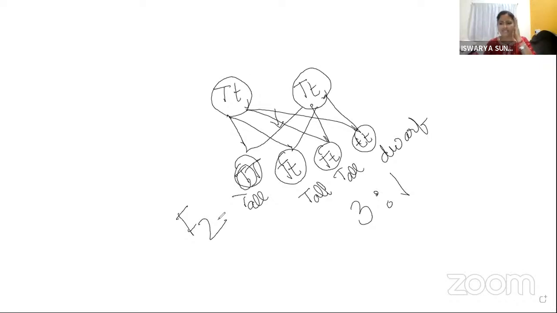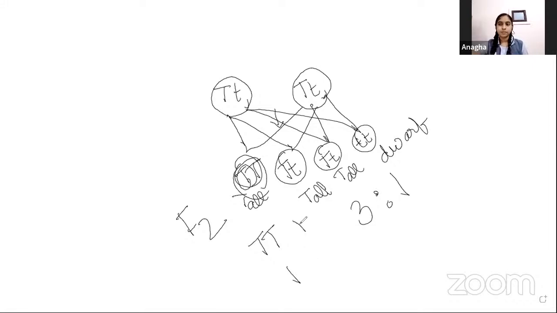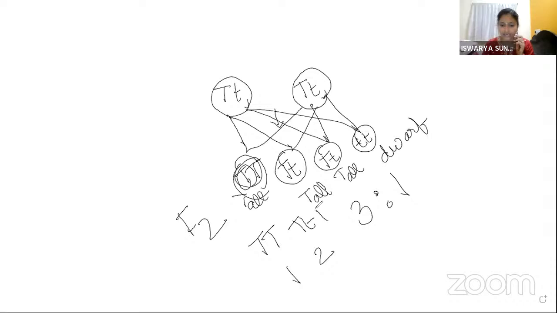So this is by seeing. But if you take the genes, they are not the same. For example, the first one is capital T, capital T. This is one type. What are these two? Capital T, small t. How many capital T, small t are there? 2. And how many small t, small t? 1.